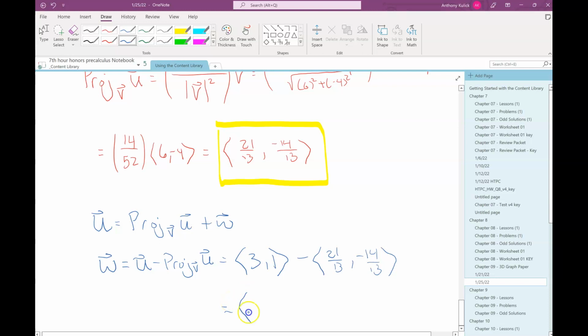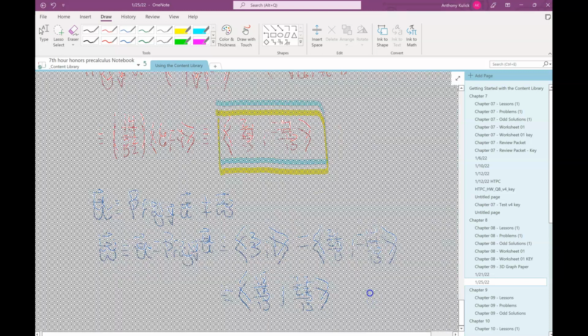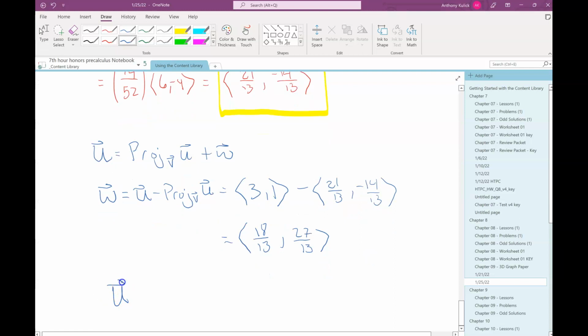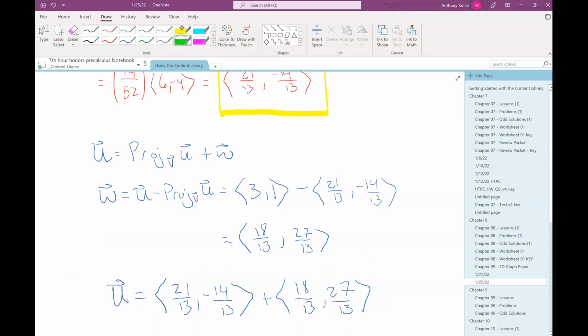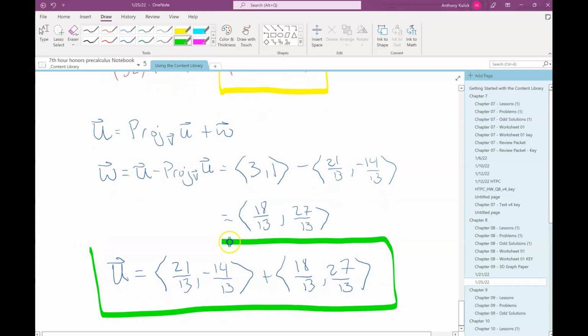So 3 is 39 over 13, and 39 minus 21 is 18. 1 is 13 over 13, so 13 minus a negative 14 is 27 over 13. So I can say then u is equal to my projection plus this vector w, and that's my answer to the green question.